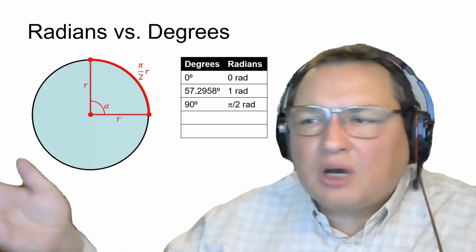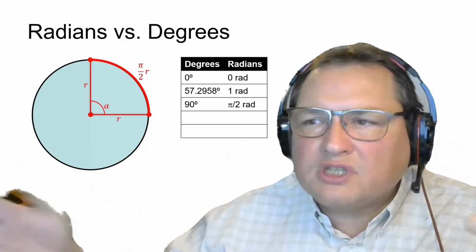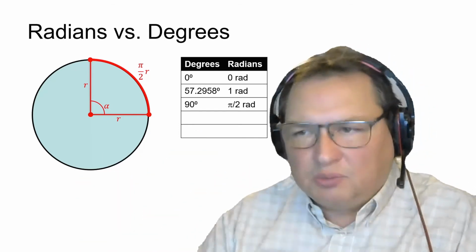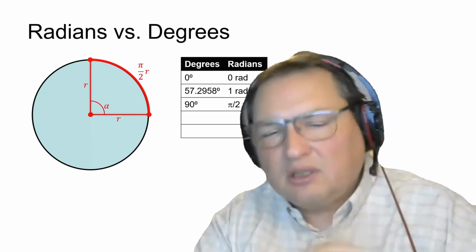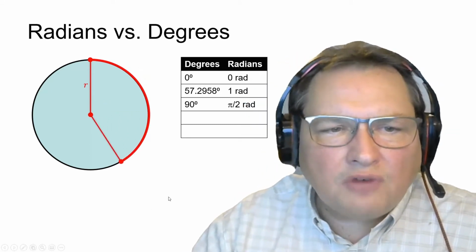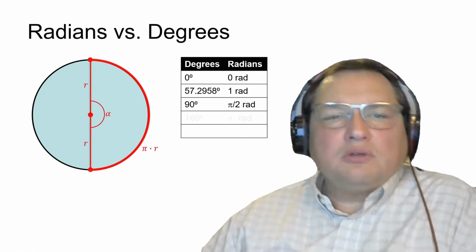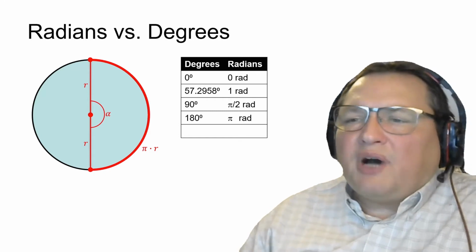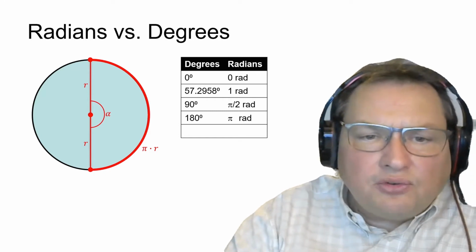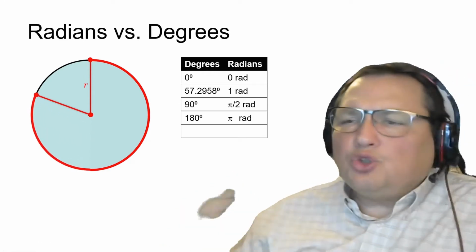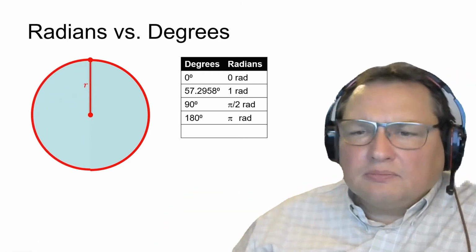So you now have to see that if something has pi in it, it must have a deep mathematical sense, and indeed it has. Going further, half of the full circle, 180 degrees, is exactly pi radians, and the full circle, 360 degrees, is 2 pi radians.